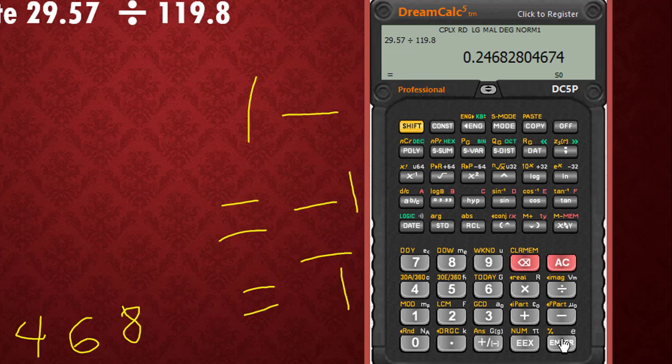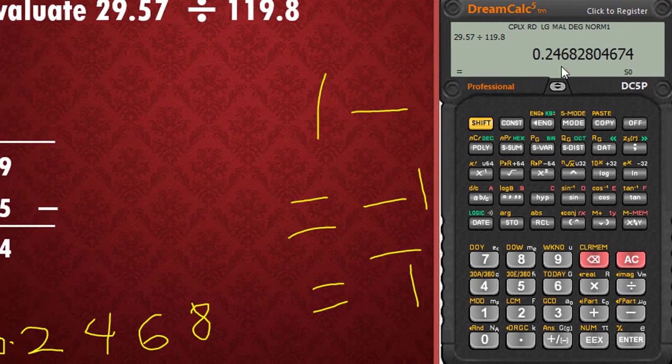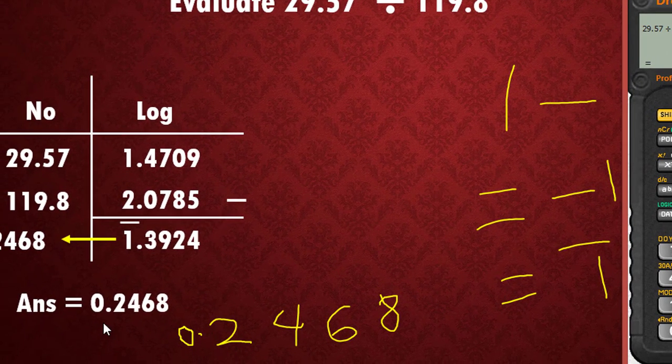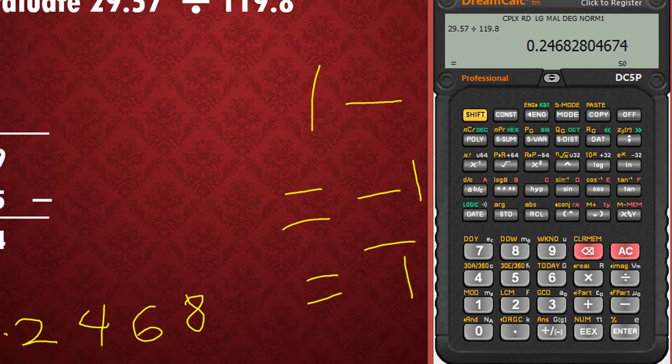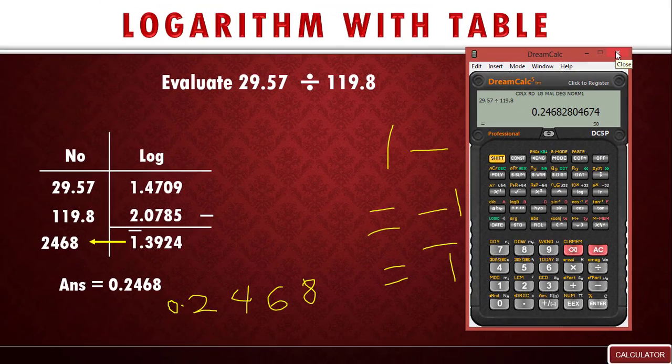Press equals or enter. You can see we have 0.2468. If you look at it right here, it tallies with our answer. So that means we are correct.